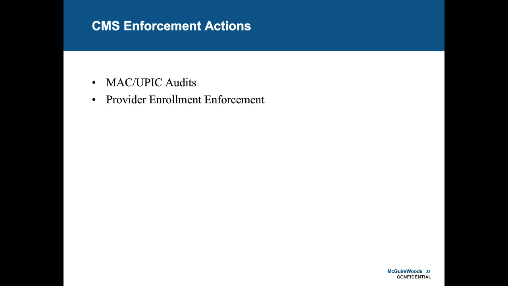CMS has the authority to either deny a provider's potential enrollment in the Medicare program or revoke current Medicare billing privileges, which can be fatal to a healthcare provider's business. And last, I'll talk about payment suspension. This is authority CMS has to suspend Medicare providers' payments in certain situations.